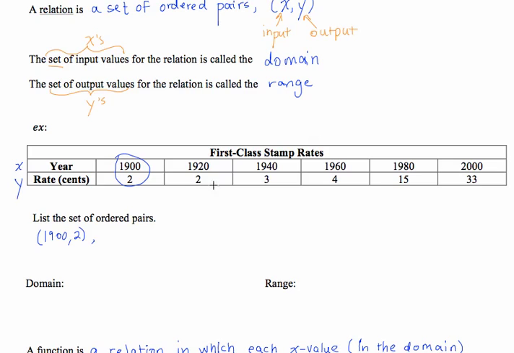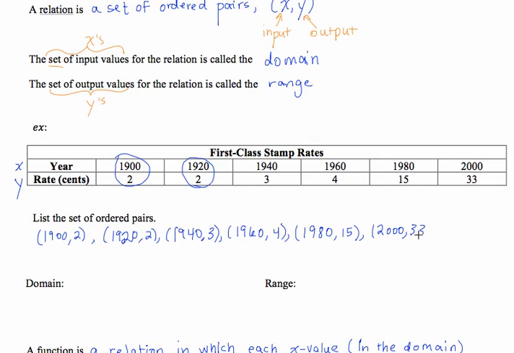Okay, comma, the next ordered pair would be this one from 1920, 20, comma 2, and then so on. Okay, so there's the set of ordered pairs.